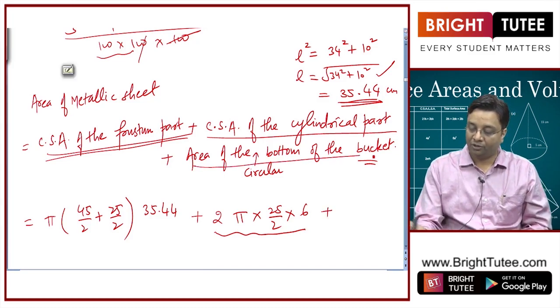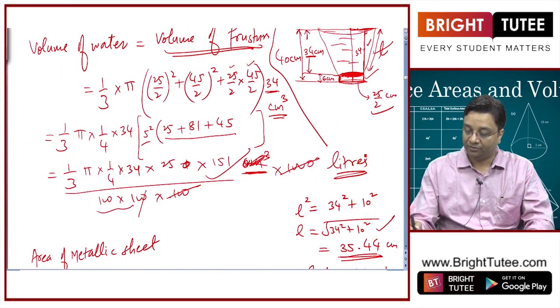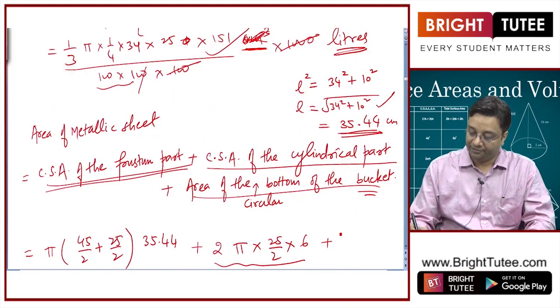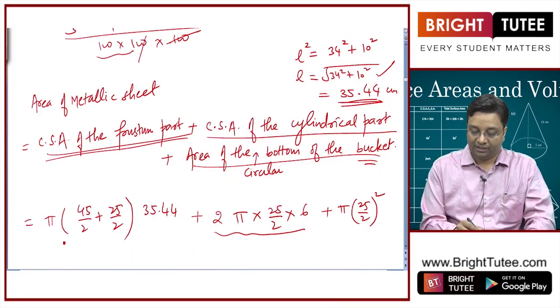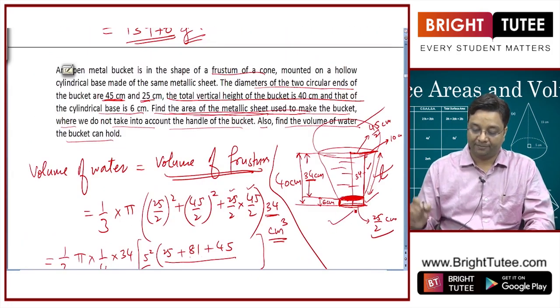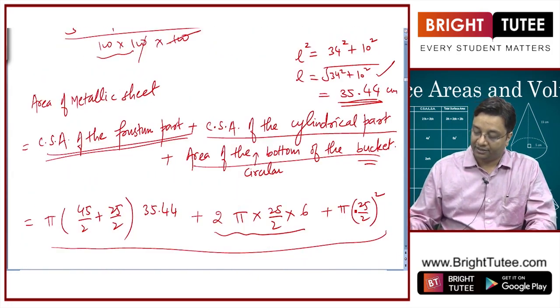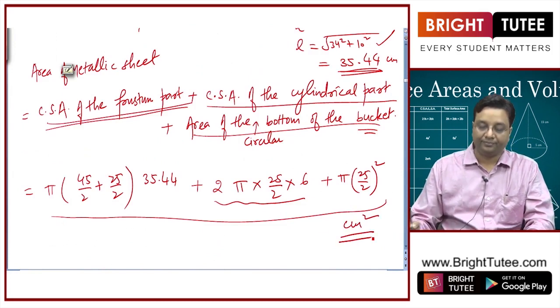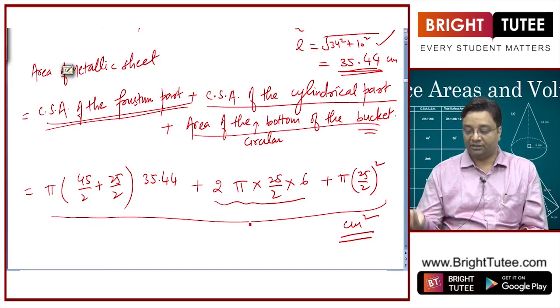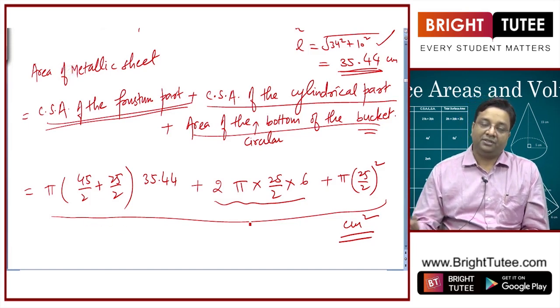Now area of the bottom of the bucket, that is circular bottom, that is this. Okay. What is its area? It is pi radius square. So pi, what is the radius? 25 by 2 square. So this is the area of the metallic sheet that you would require to make this bucket here, right? And this area is in centimeter square. I can safely leave the calculation part to you, right? Because the calculation is simple, right? Even if the calculation is difficult, it is for you to practice it, okay?